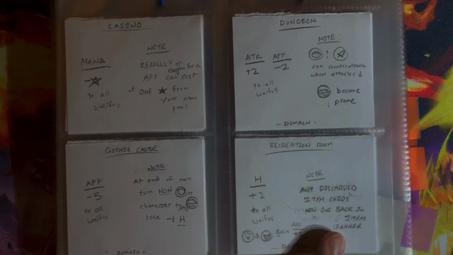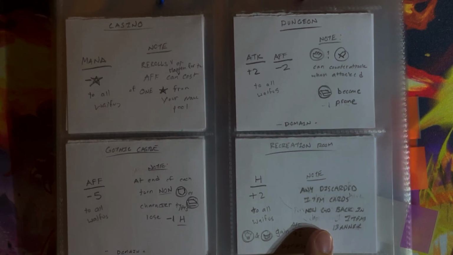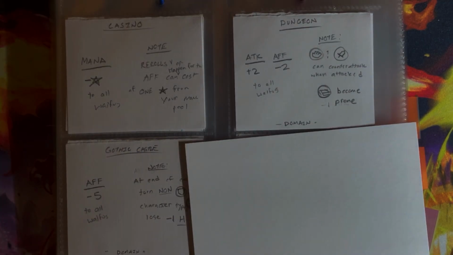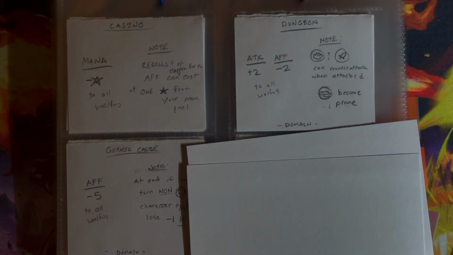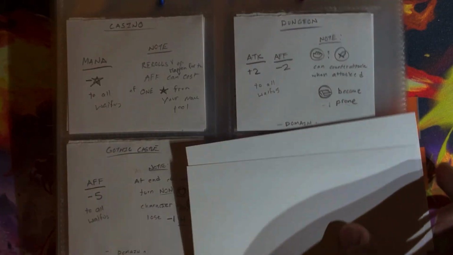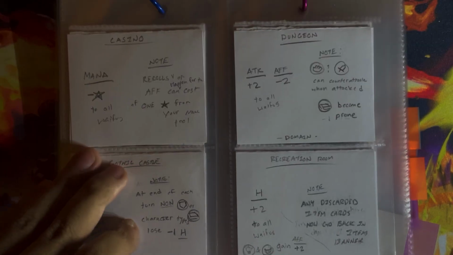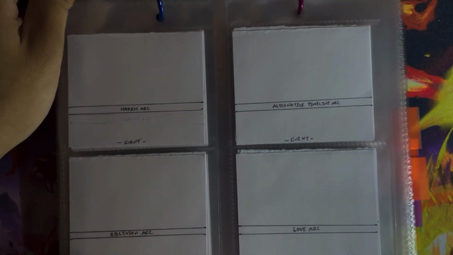But essentially, any discarded item cards now go back into the item banner. Since you have the item banner and then a discard pile after its use, everything goes back into the banner, so it replenishes itself. That's kind of neat. And all waifus get +2 health.